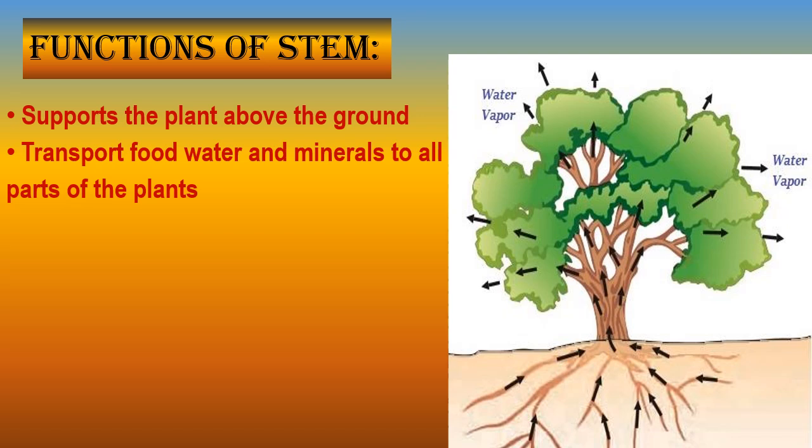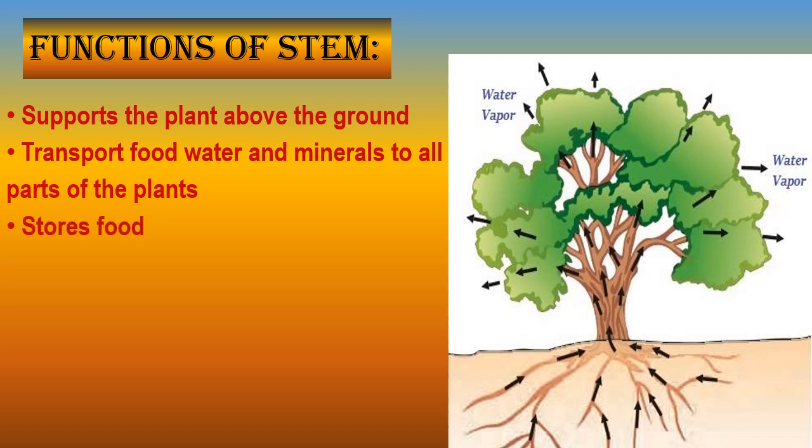As you can see in the picture, the direction of the arrows is showing the movement of water and nutrients. Plants prepare their food in their leaves. So stem also transports food from the leaves to the other parts of the plants including roots.